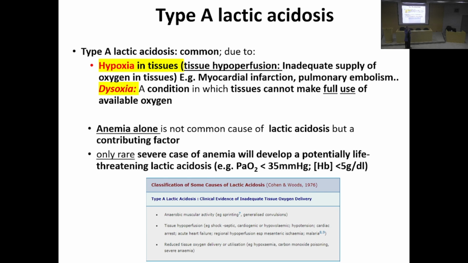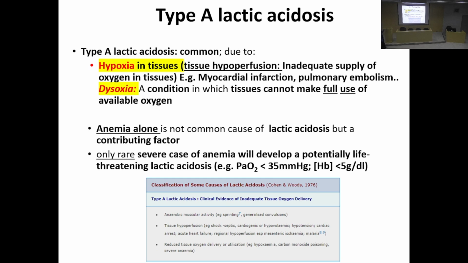It can be a risk factor and contribute to lactic acidosis, but it cannot create it by itself, unless there is extreme anemia, when the partial pressure is less than 35 while the hemoglobin concentration is less than 5 grams per deciliter, which is an extreme, life-threatening condition. A person with less than 8 grams per deciliter can already die. So this extreme condition can lead by itself to type A lactic acidosis. Is it clear?